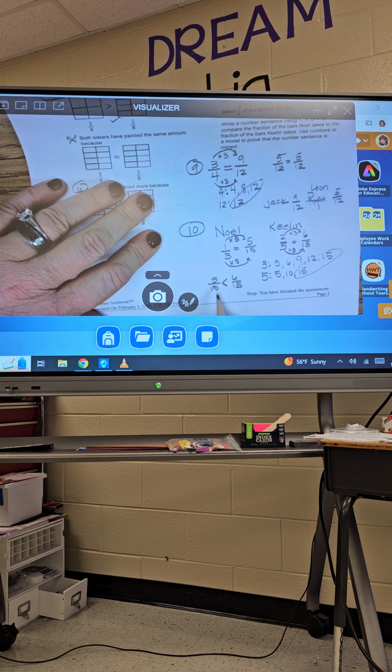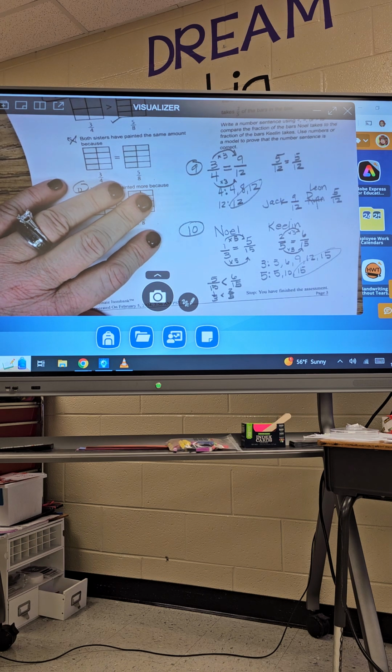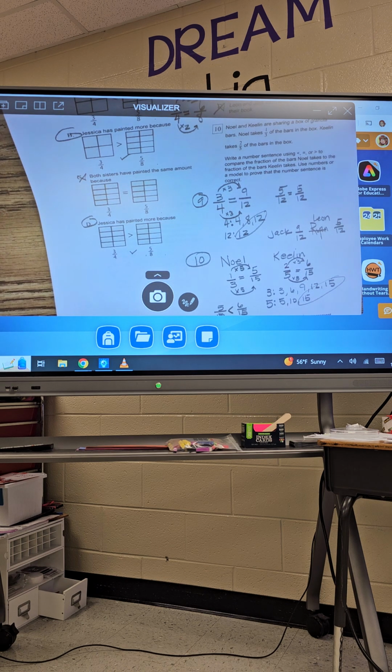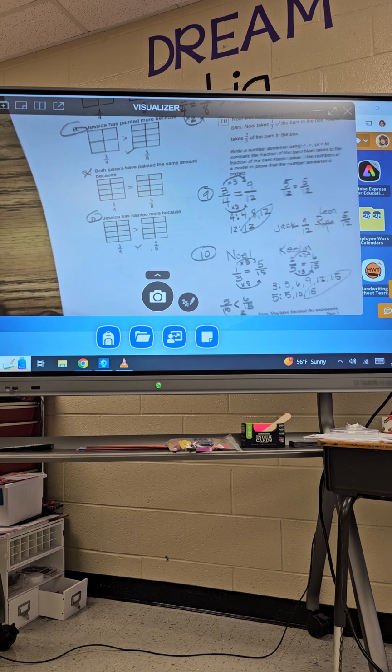Therefore, 1/3 is less than 2/5. Okay? There is no answer to circle on number 10, so this is it.